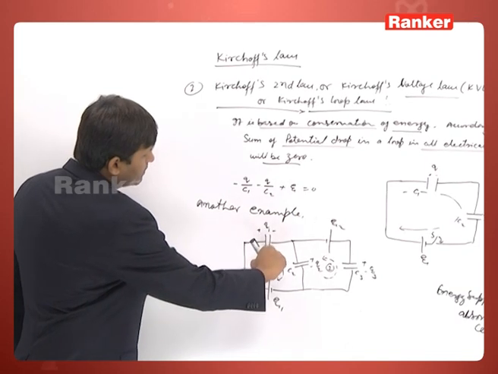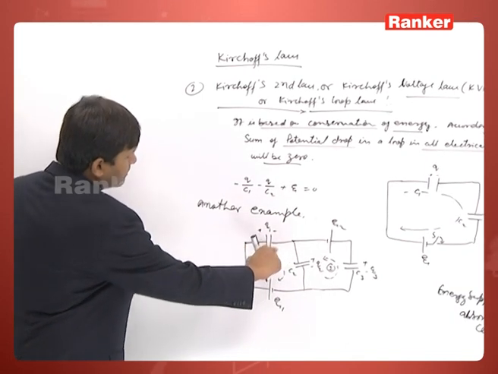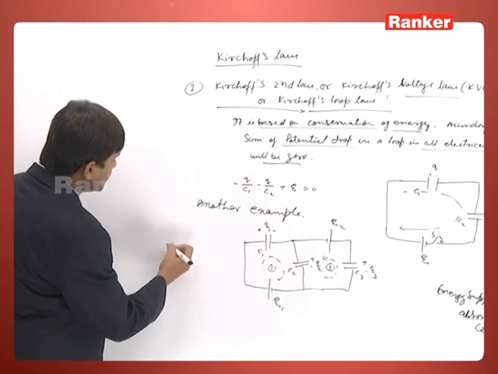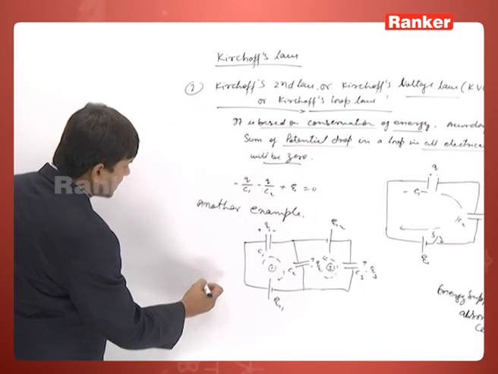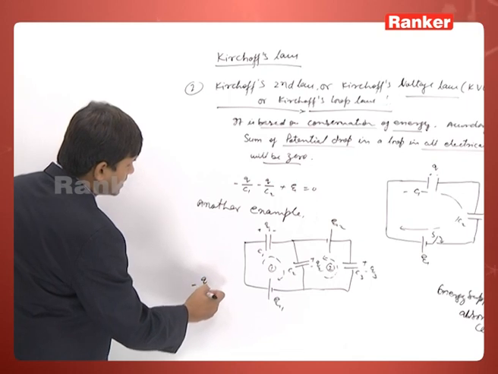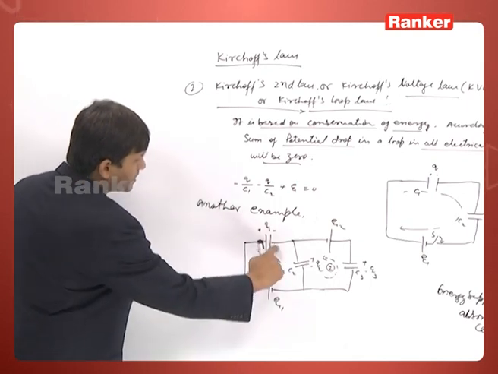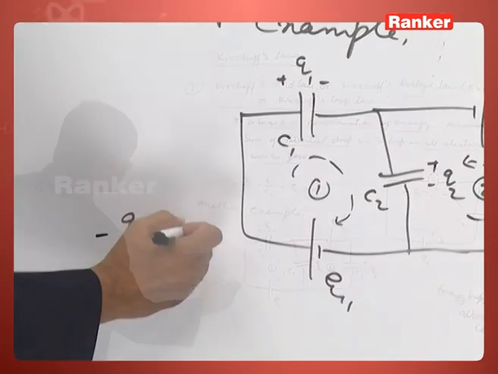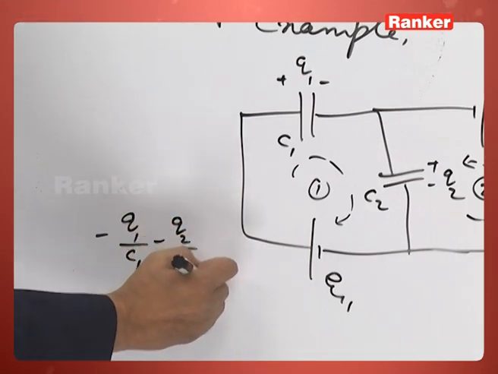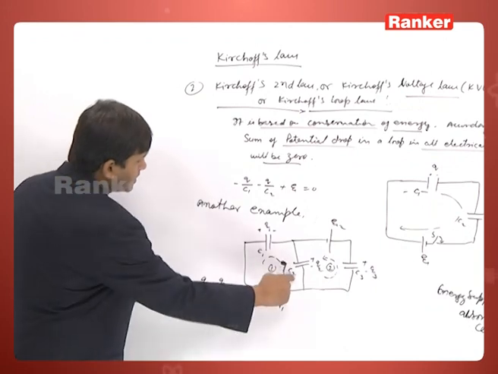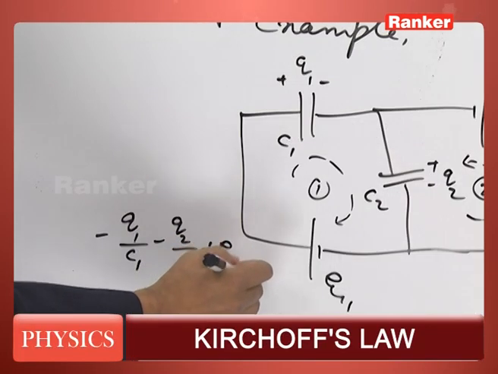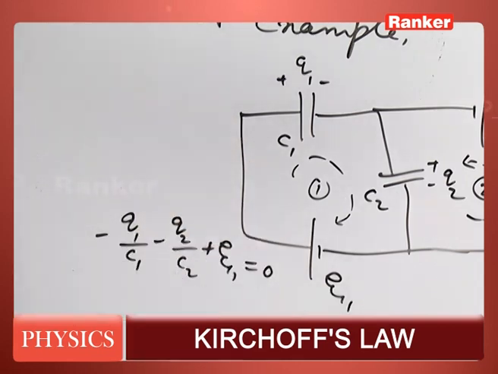Then when we leave through the capacitor of capacitance C1, we leave with a negatively charged plate, so the potential of that is minus Q1 by C1. Then we leave with this plate, minus Q2 by C2, then here plus E1, which is equal to 0.